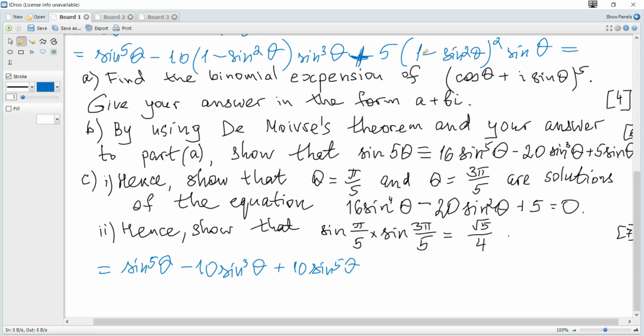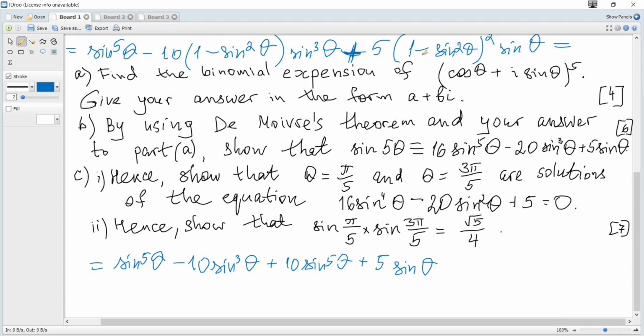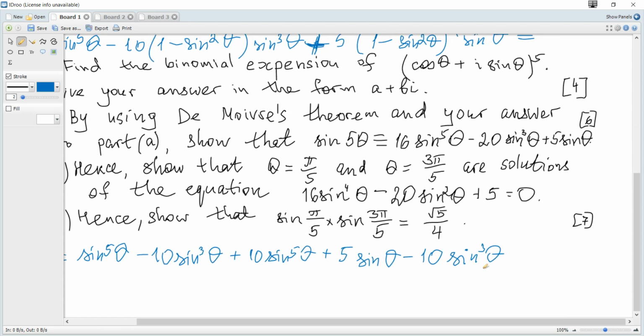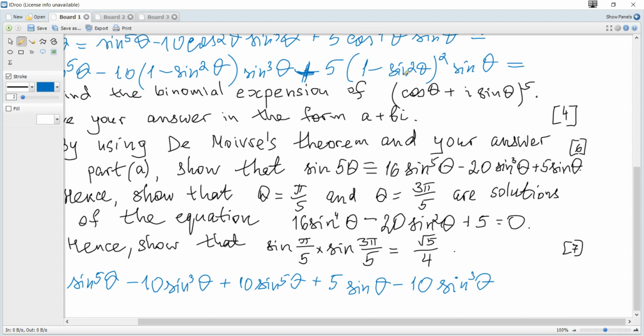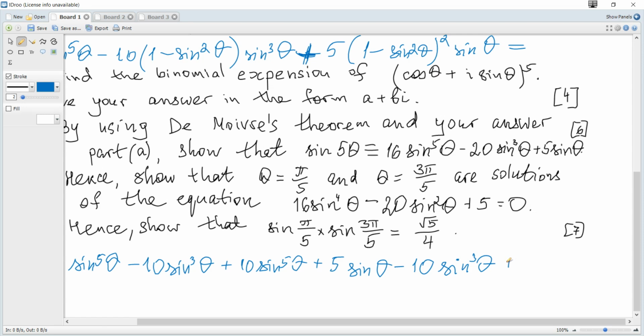It's a squared, so it's 1 times sine times 5, so plus 5 sine theta, minus 2ab, so it becomes minus 2 sine squared times sine times 5, so it's minus 10 sine cubed of theta, and plus b squared, so it's plus sine to the power of 4 and together with 5 and sine, so plus 5 sine to the power of 5 theta.